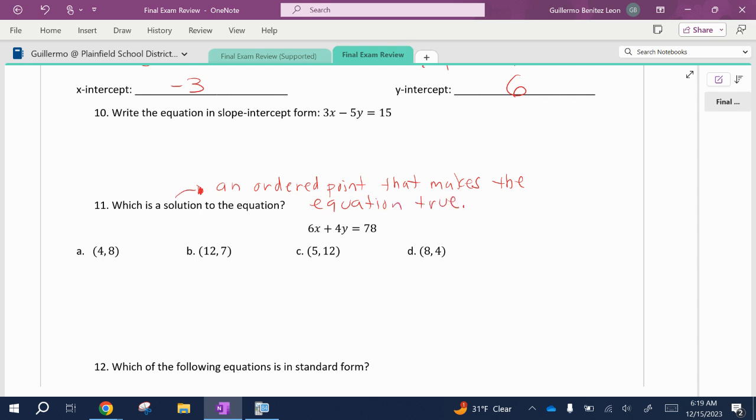So what we have to do is plug in all of these points and see which one makes it a true statement. For example, I'm going to do A. This is X, this is Y. 6, take X out, 4 goes in, plus 4, take Y out, 8 goes in.